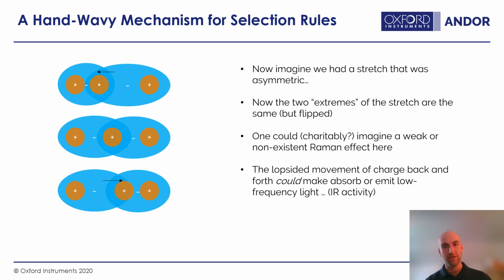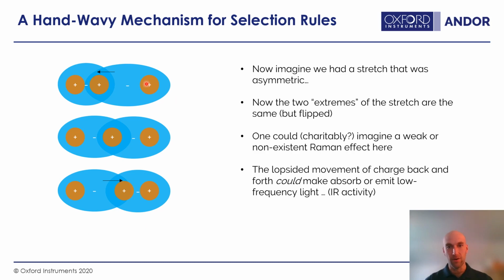So here we can kind of see this is now a triatomic linear molecule, and this is the vibrational mode that corresponds to one nucleus bouncing back and forth with respect to the others. So now if you want to superimpose these two extremes of the vibration, you'd have to flip it around 180 degrees.